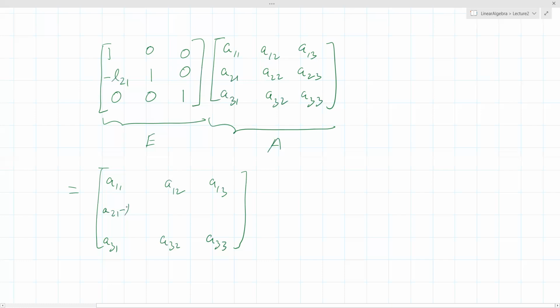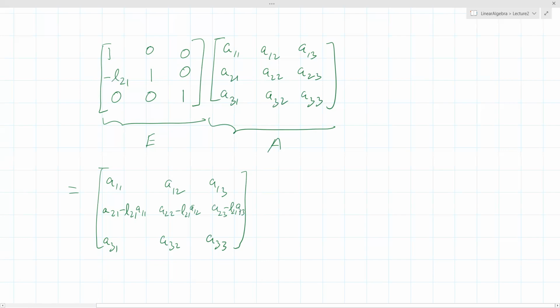You'll get A21 minus L21 into A11. Is that all right? Yes, sir. And similarly, you'll have A22 minus L21 into A12, and finally A23 minus L21 into A13.